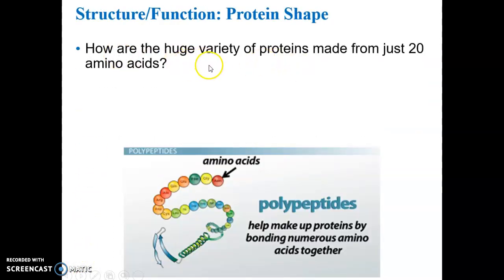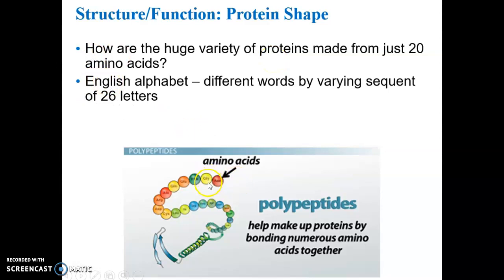So how is the huge variety of proteins made from just 20 amino acids? Only 20 amino acids, but a typical cell can make hundreds of different proteins. How? It depends on the unique sequence of amino acids in a particular protein. Think about the English alphabet: there are 26 letters, but depending on how the letters are linked together, that will influence the resulting word.